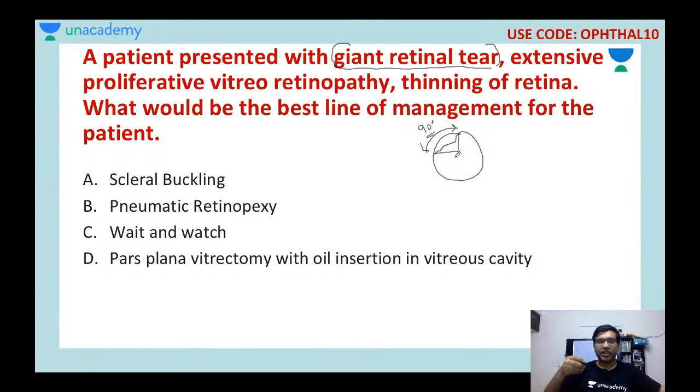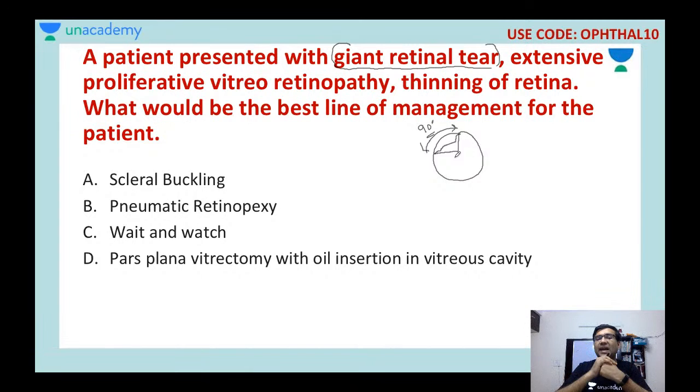Now in any case where there is a giant retinal tear, a proliferative vitreoretinopathy or a thinning of the retina, we have to go for the vitrectomy, and after removing the whole of the vitreous, we put silicone oil inside the vitreous cavity, because until we put silicone oil, it will not come back to its place. It has already crumbled so much.